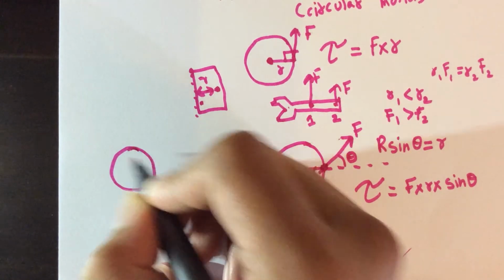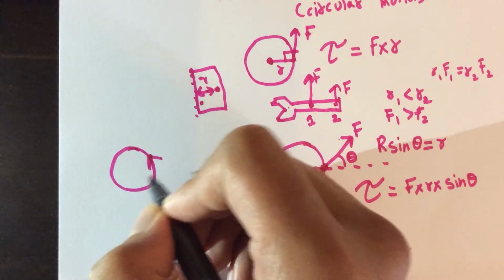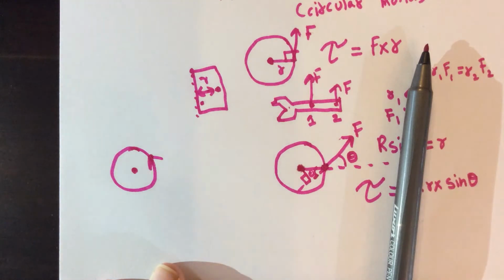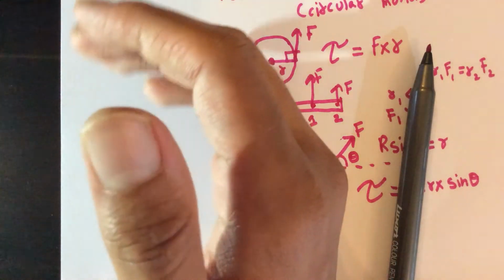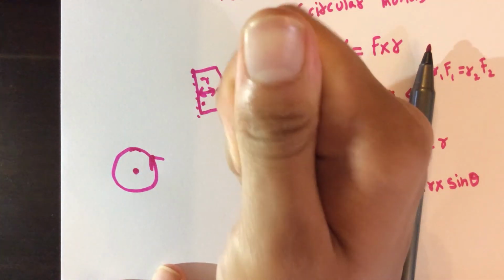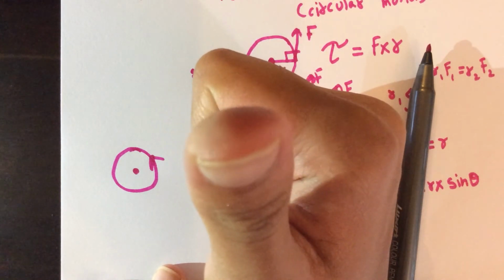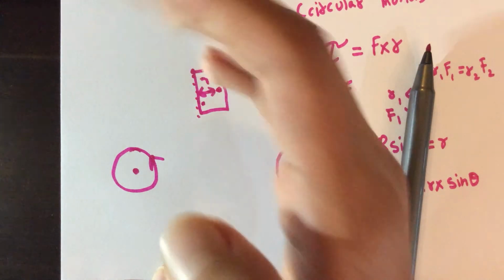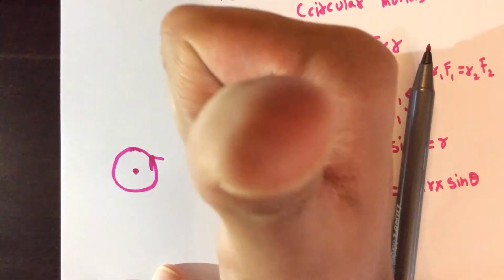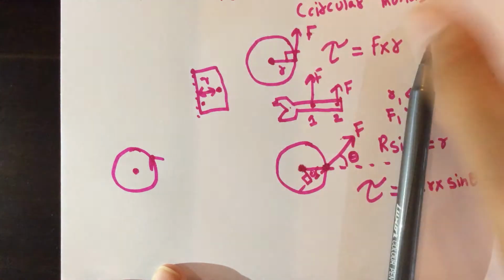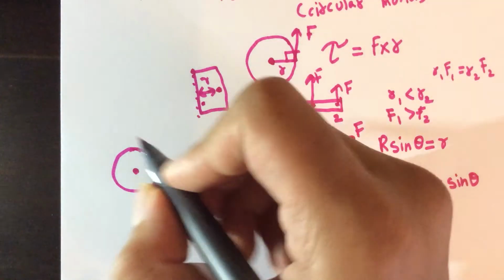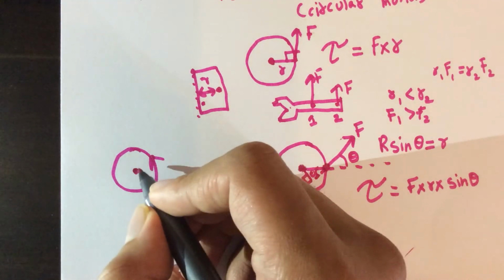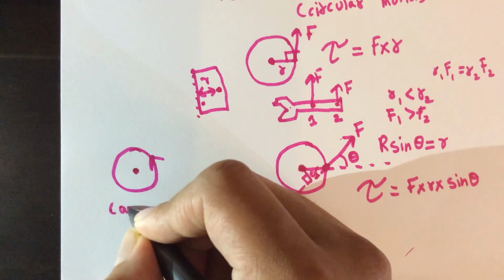If I have something rotating in the anti-clockwise direction, how will I find the torque? I simply curl my fingers in that direction and stick out my thumb. I take out my thumb towards the camera. So my torque is acting upward, out of the paper. I cannot draw an arrow, so I'm just going to write outward.